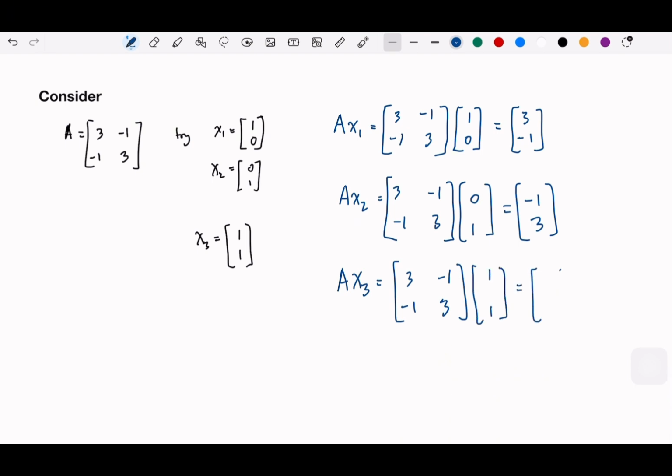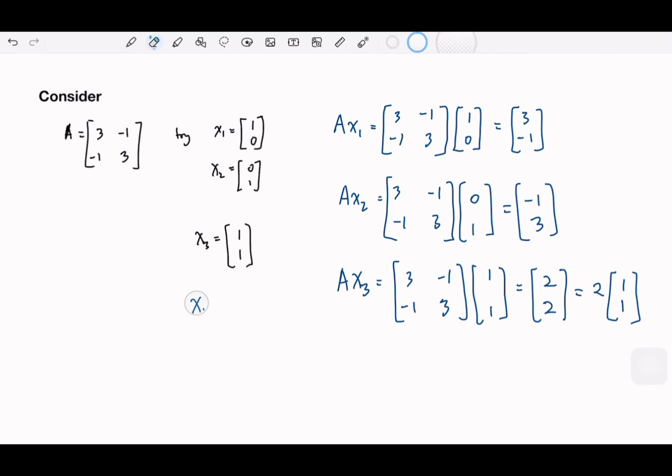We have 3 minus 1, which is 2, and the other one is -1 plus 3, which is 2. We can factorize out the scalar 2, and it is going to be [1, 1].